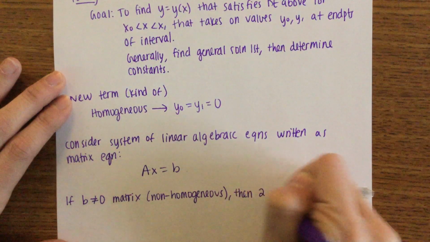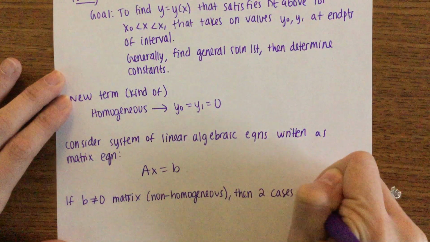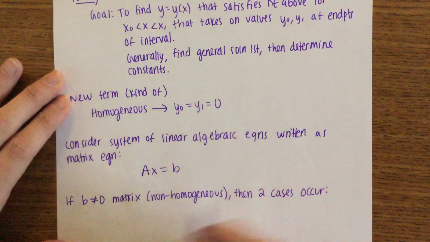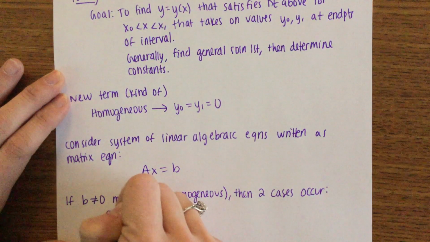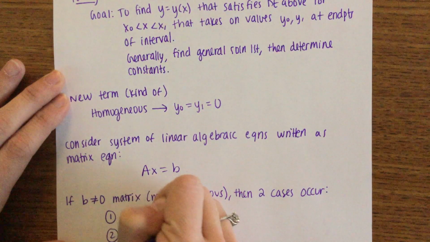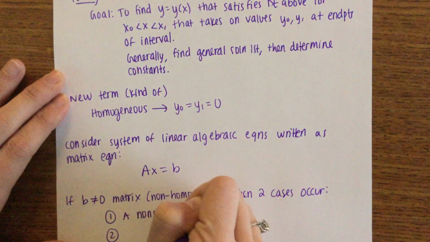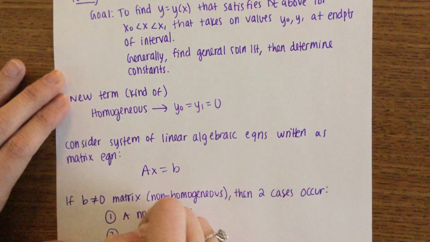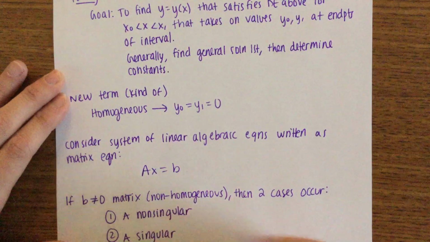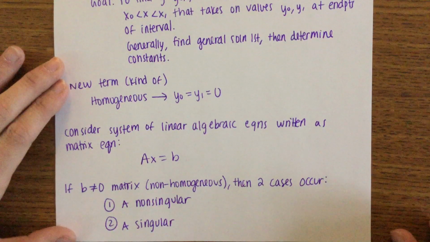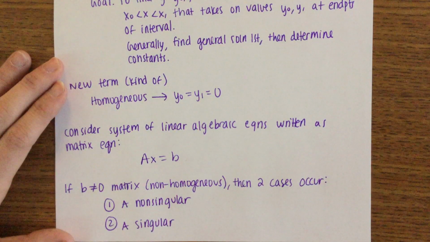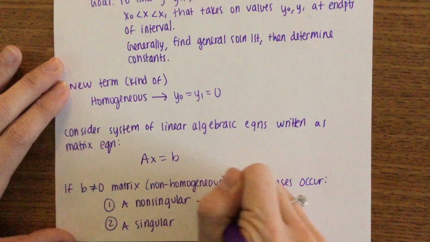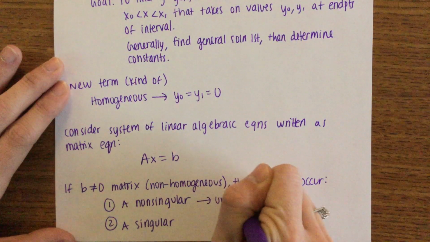When this is the case, there are two cases that could occur. A could be non-singular, or A could be singular. If A is non-singular, it means it has an inverse, in which case we have a single unique solution.